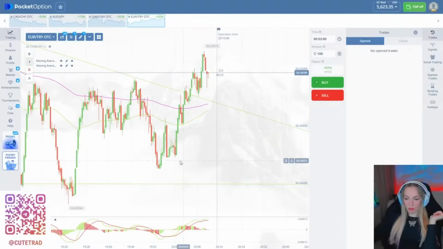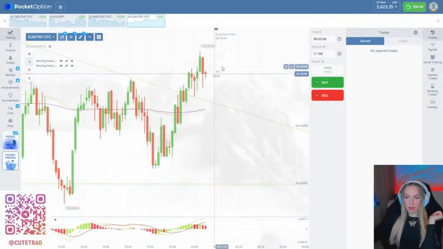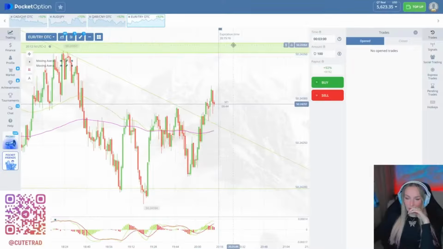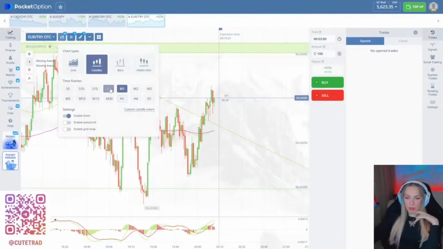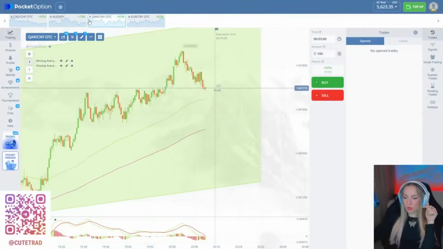This one still can go up. Still a bit far from my resistance that I drew here, but I think we need to watch this one. This one is looking super good for me.